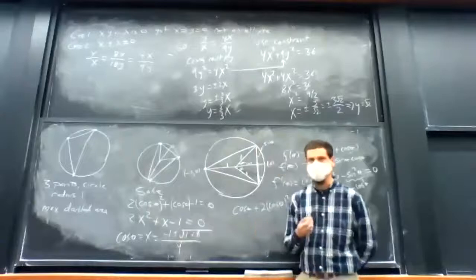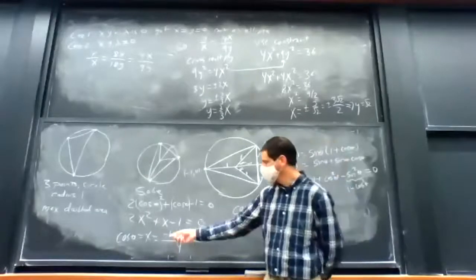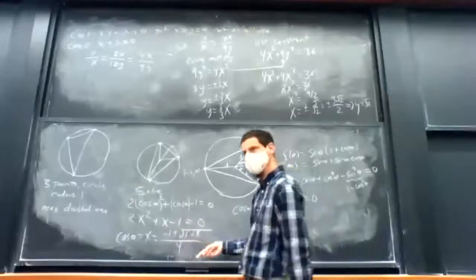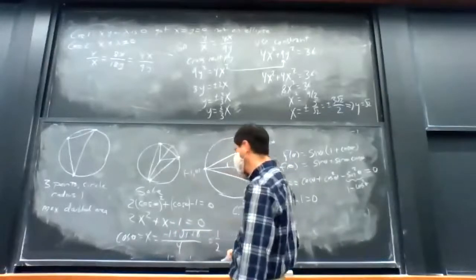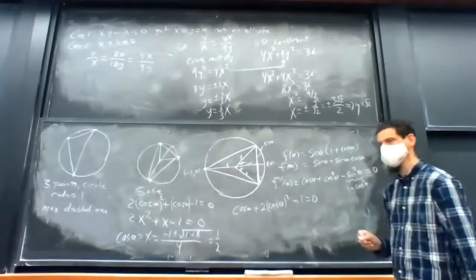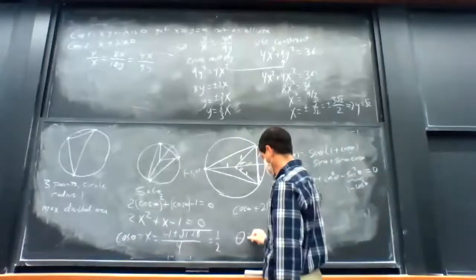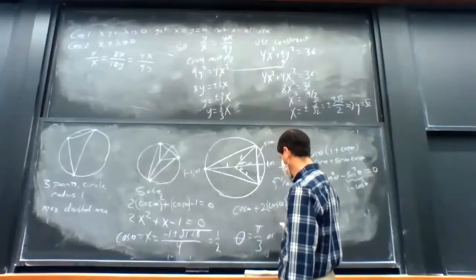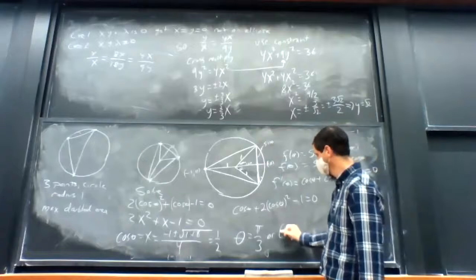Clearly, the negative root is not going to work. And so we get negative 1 plus the square root of 9, negative 1 plus 3 over 4. That's 2 over 4, which is 1/2. So what angle has a cosine of 1/2? Pi over 3, or 60 degrees.